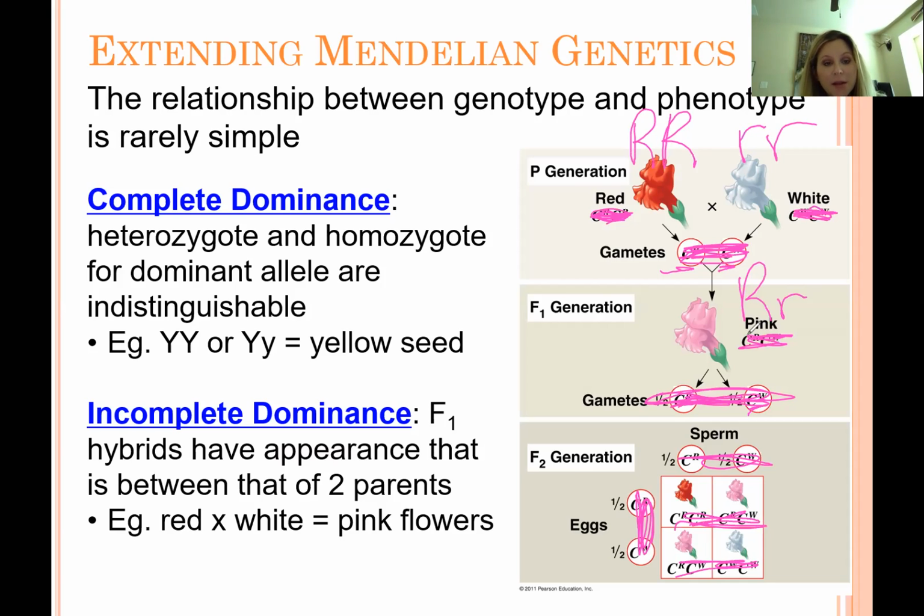If this was a complete dominance problem like we did yesterday, you would expect this flower to be red. But this is incomplete dominance, meaning you're going to see an in-between. So anytime you have a big R, little r, it's going to be pink. Another example of incomplete dominance would be if you had a black cow and a white cow and they mated to make gray cows. So it would be kind of the same concept.